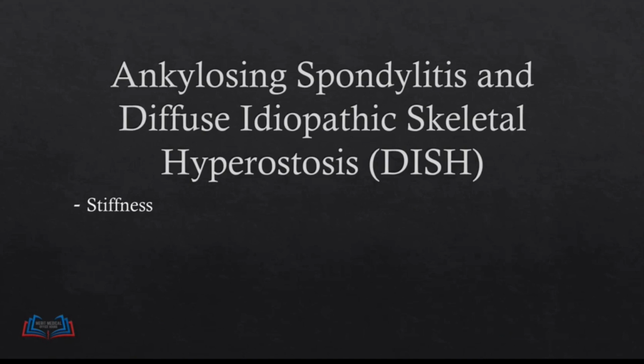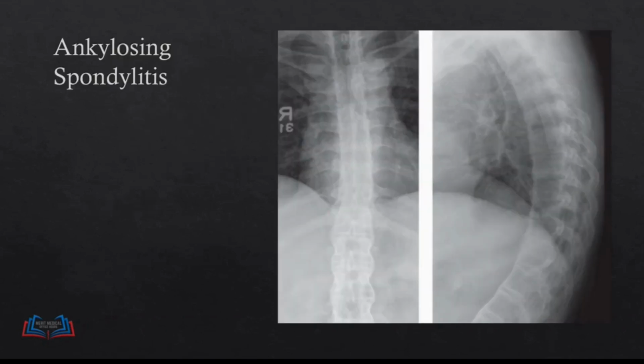Here's something called DISH, and you're probably going to see this in reports from time to time. Diffuse idiopathic skeletal hyperostosis. You might see ankylosing spondylitis. This involves ossification, calcification of normal ligamentous structures or tissues, including the discs, as well as those interspinous ligaments.